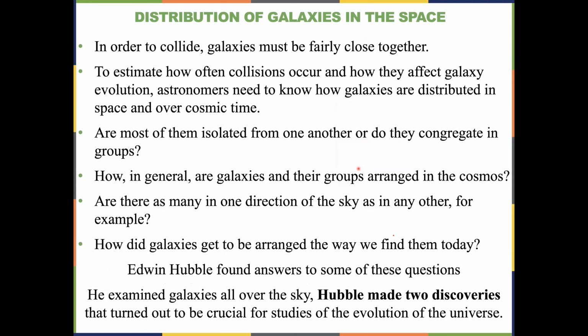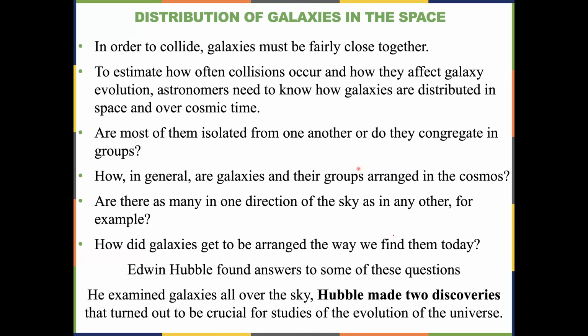Now, to estimate how often these collisions occur and how they affect the evolution of the galaxies, what astronomers need to know is how these galaxies are distributed in space over cosmic time. And that is important, no?